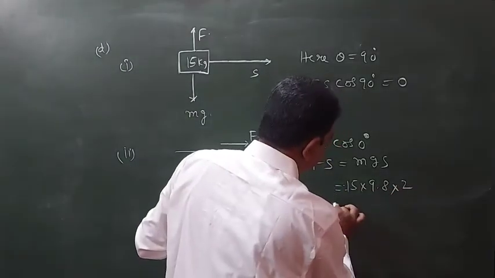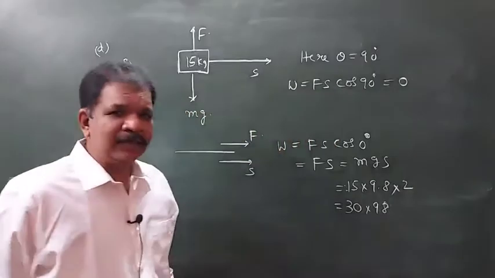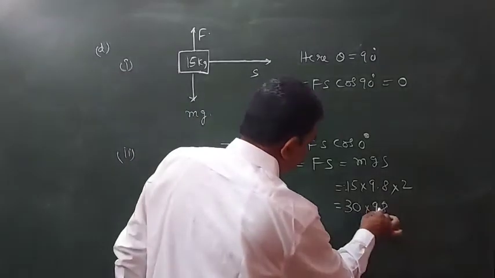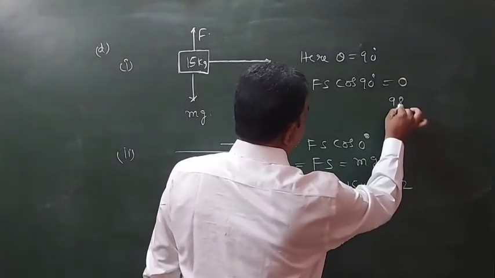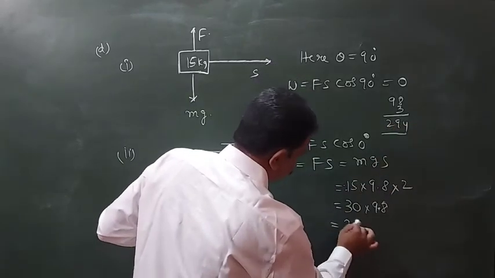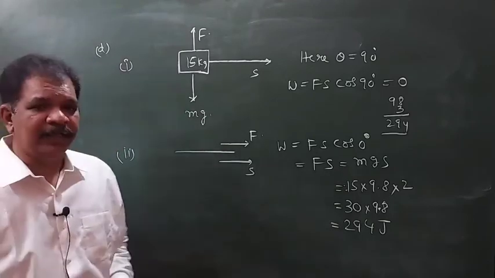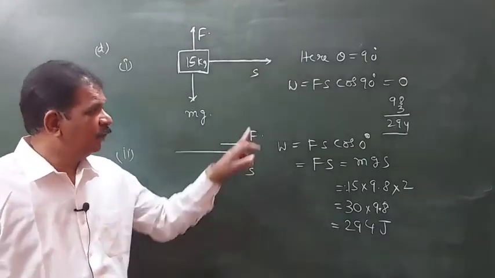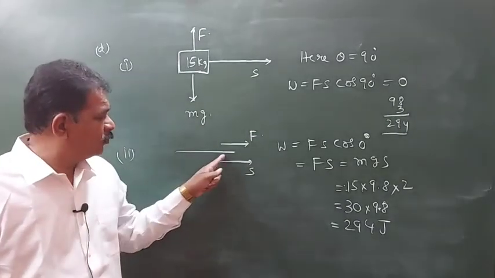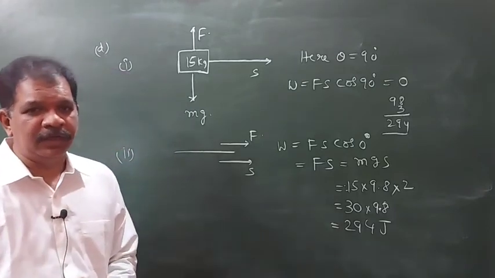So 30 into 9.8, 294. So if he is carrying the load, work value will be equal to 0. If he is pulling the rope, work done by him will be 294.